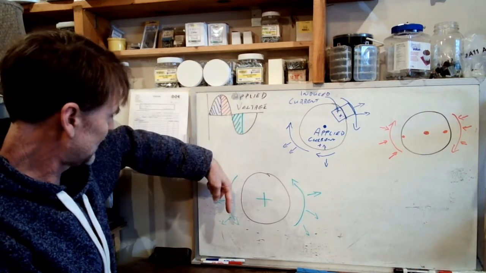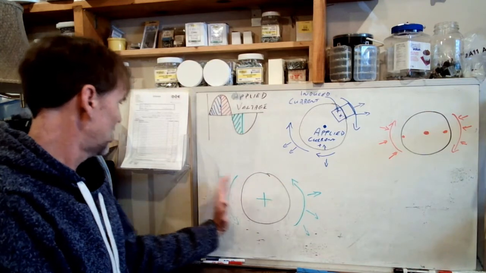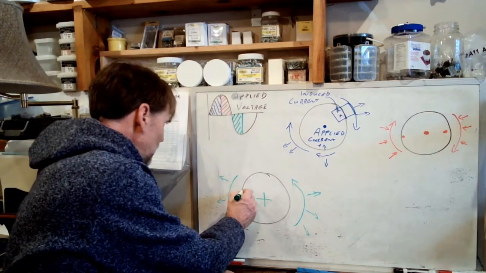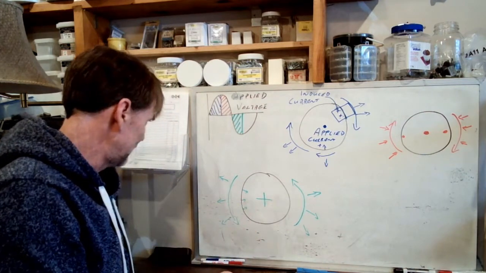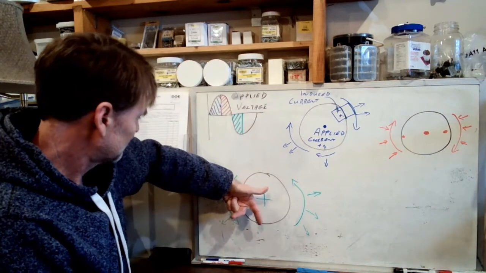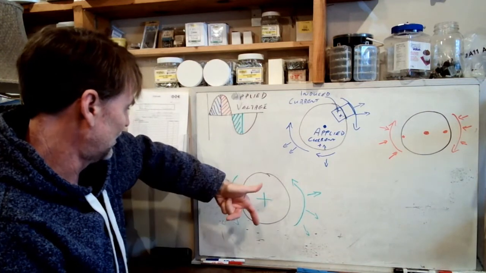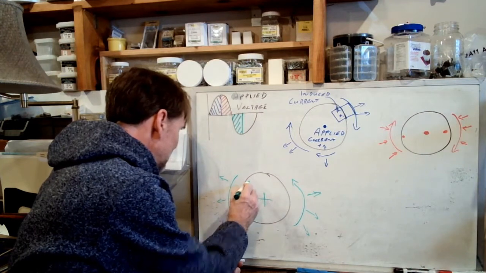Here are the lines of flux. What's the direction of the relative motion of the conductor? Lines of flux are expanding, which means this edge of the conductor is moving inward away from the expanding magnetic field. So we have flux, we have thrust, and we have the induced current as a result coming out here.